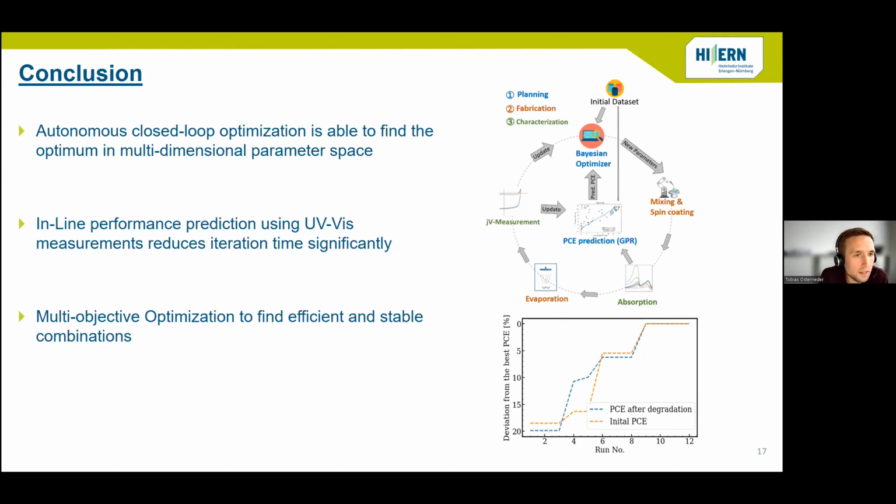Also, our inline prediction helps to reduce the time of one iteration, so we can run more iterations in one day. And for the future, multi-objective optimization is also very interesting. We can not just find efficient, but also stable solar cells, or maybe also cells that are really easy to fabricate, or cheap, or something like that.